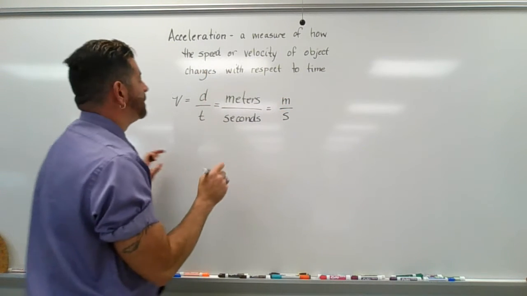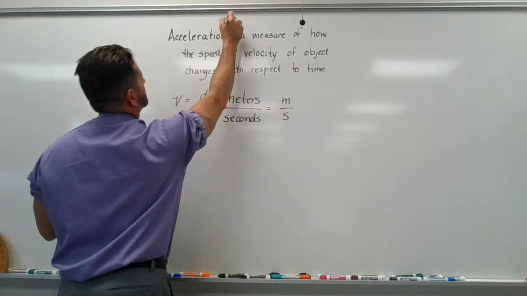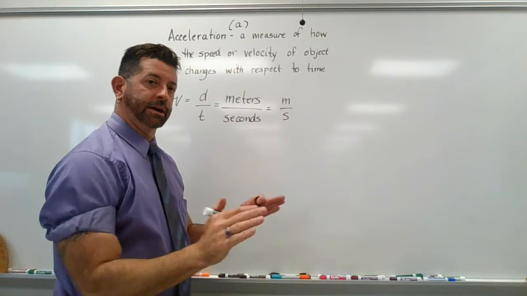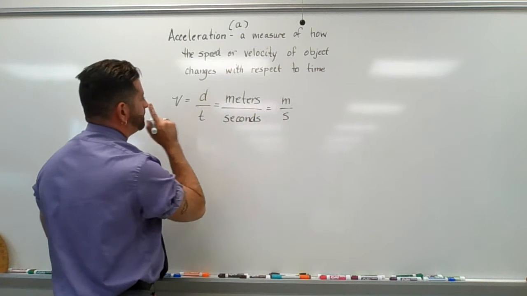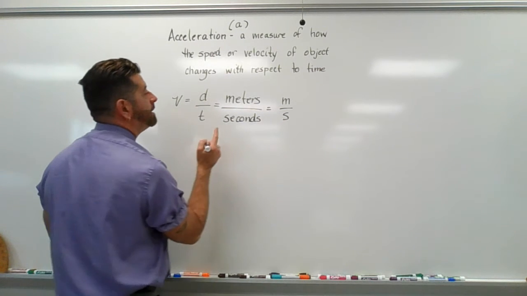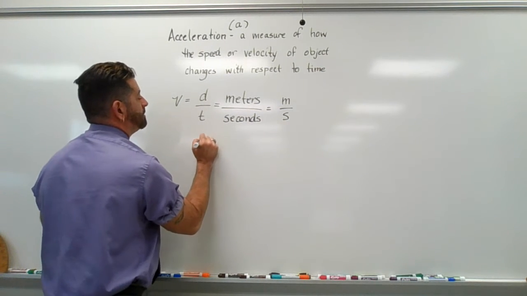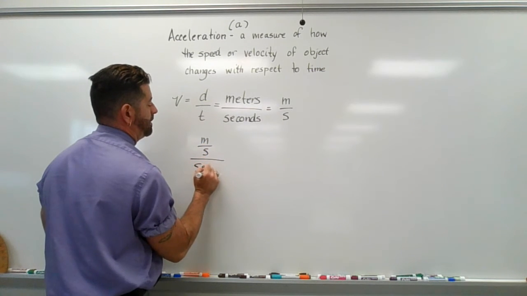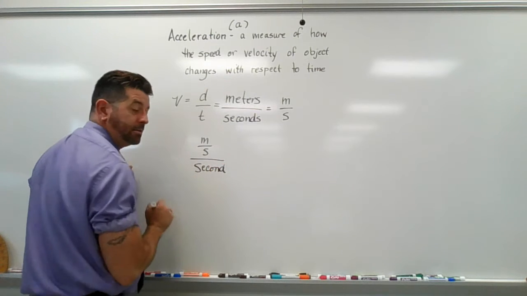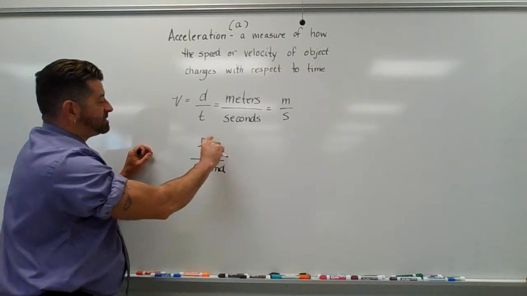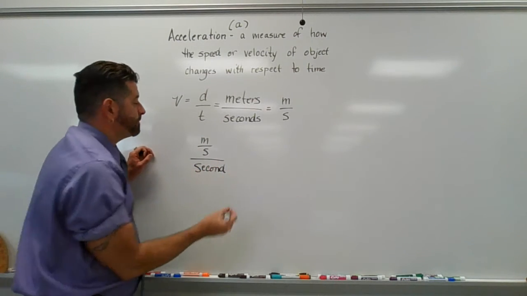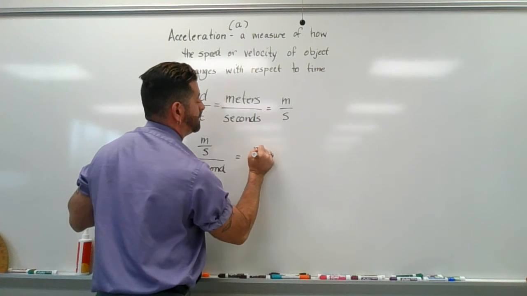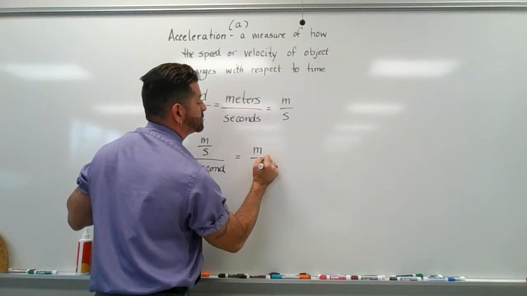But now we're going to look at acceleration, which we use a little a for, lowercase. For that, we're going to look at meters per second, like how much this is changing every second. So we write our unit as meters per second squared.